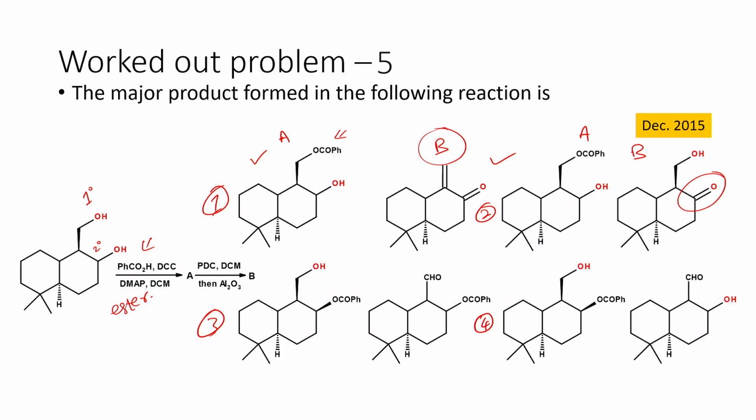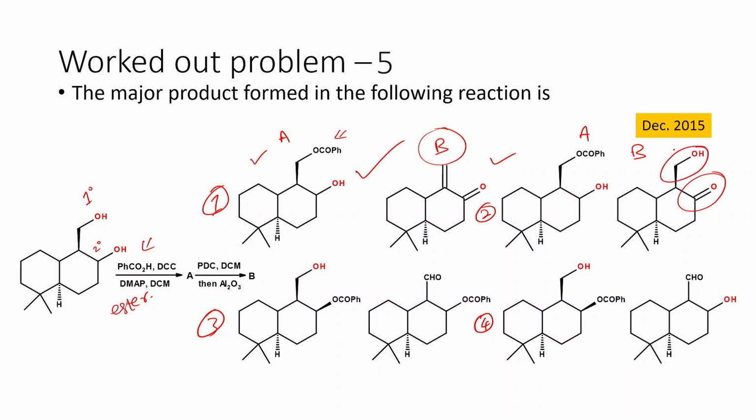So without even looking at the entire mechanism, we can predict in this particular case the product is going to be the first one, because that only has the alkene, where elimination happened, but the B1 has the hydroxy group intact.